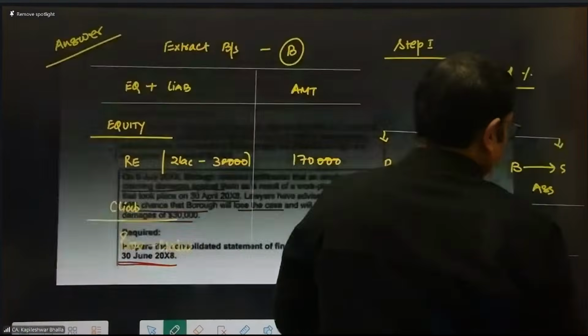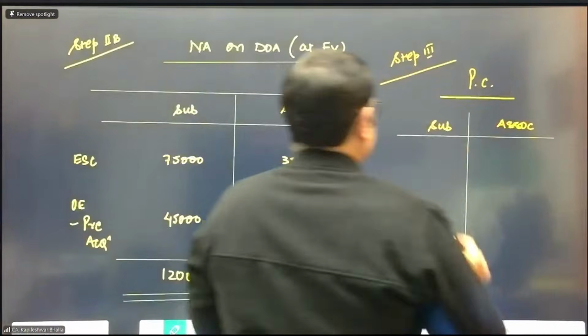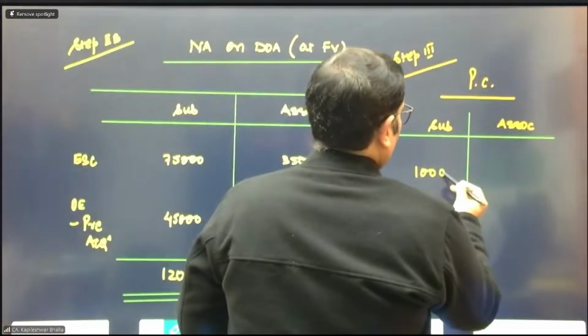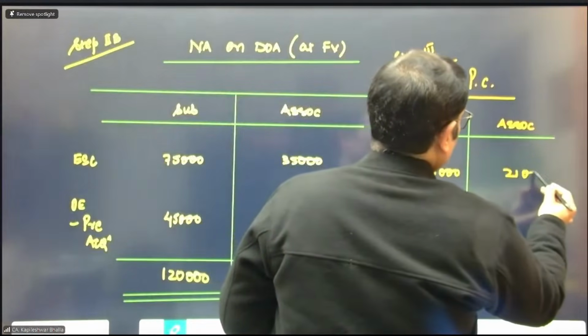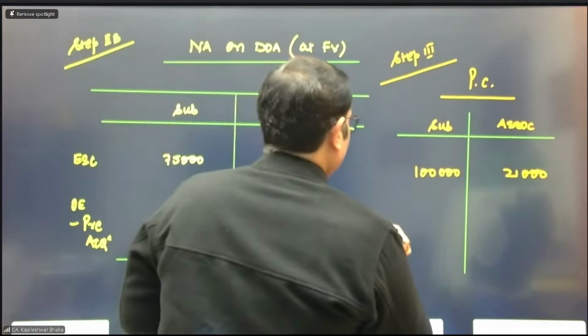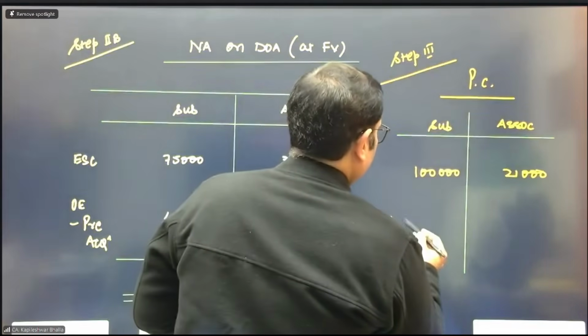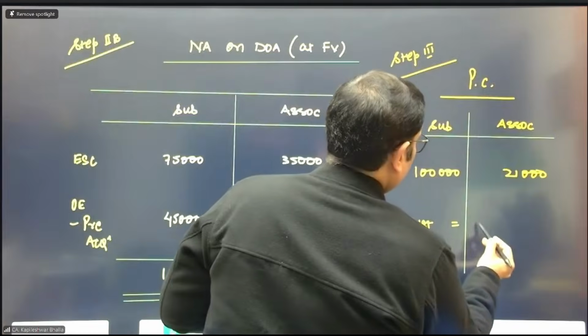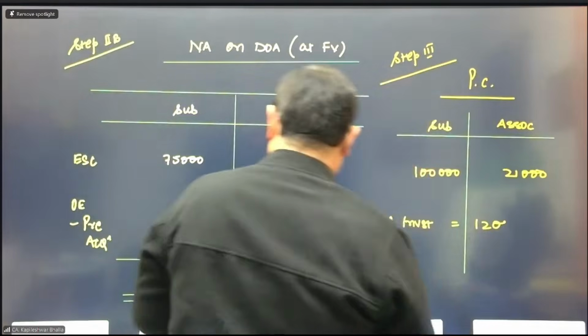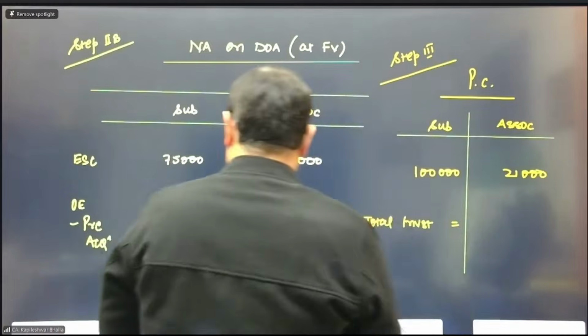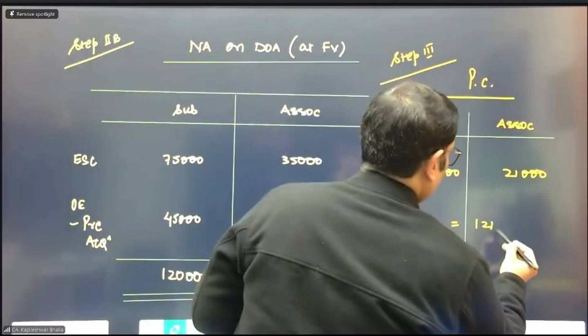So there is no outside investments. This investment is purchased at 1 lakh. This investment is purchased at 21. And if you look at the total investments, this comes to 121.